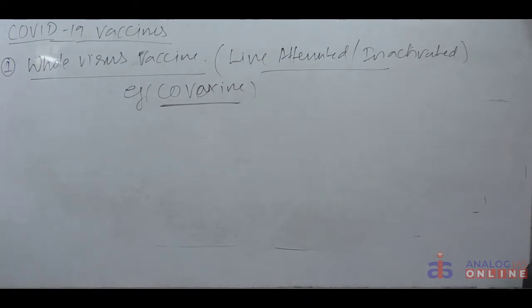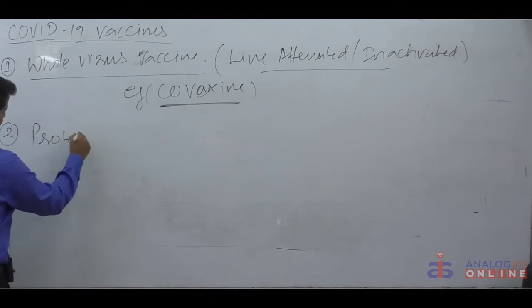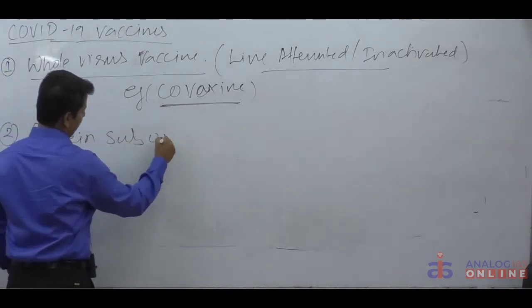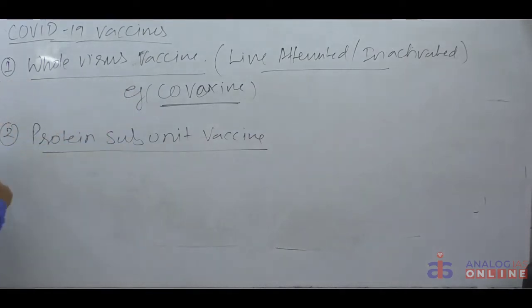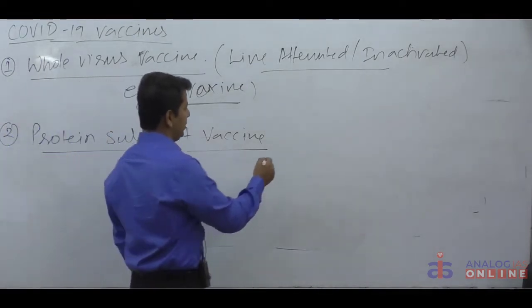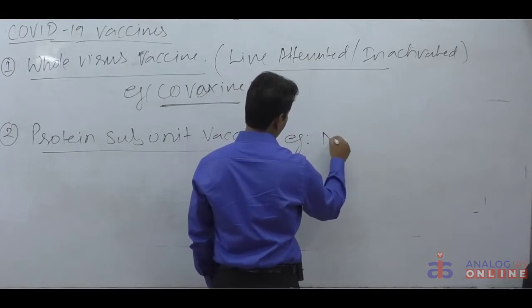Then there is something called protein subunit vaccine. And we understand what exactly the protein subunit vaccine is. And there is one vaccine we have not developed, Novavax.